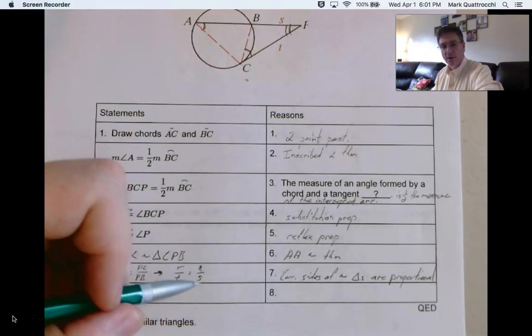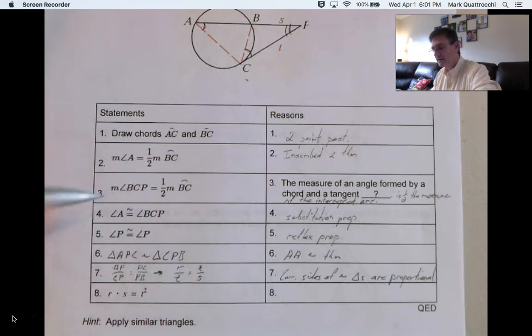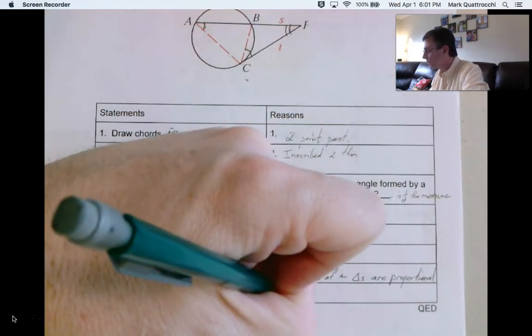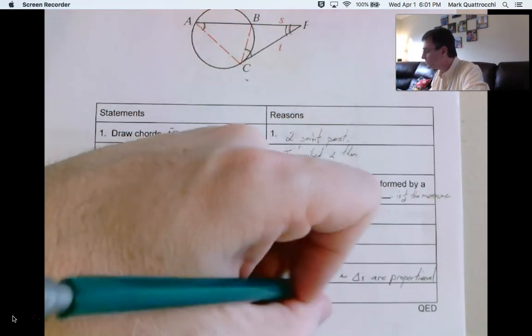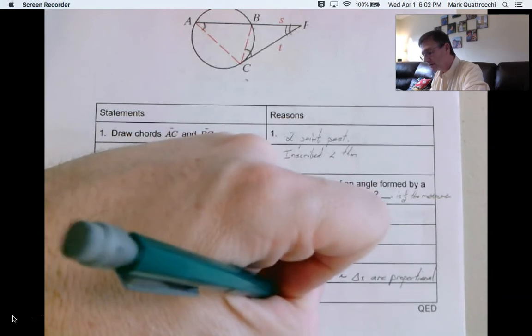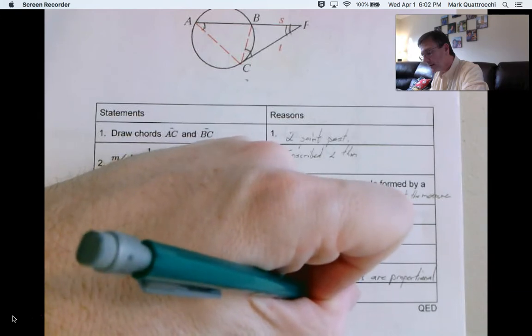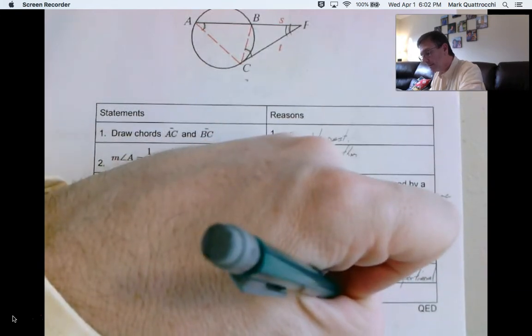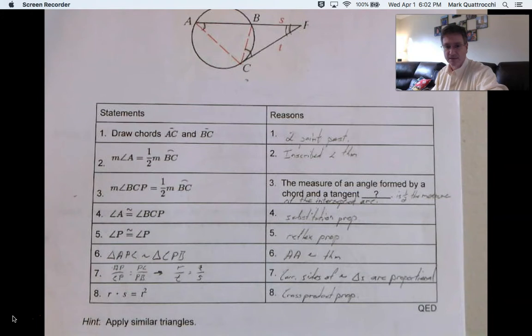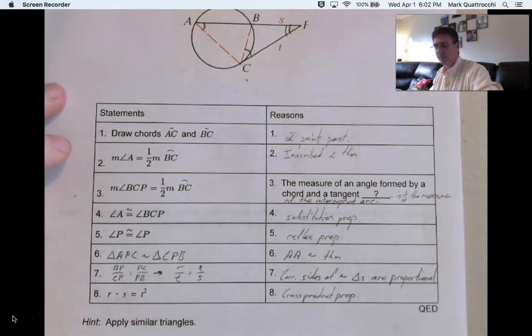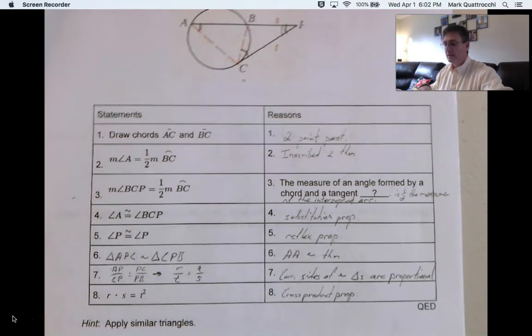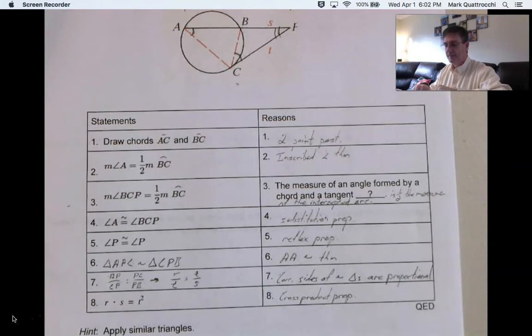Cross product property, T squared is equal to R times S. The cross product property, or means and extremes property, is another name for that same property. That's example 10.